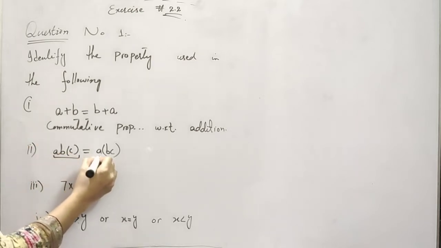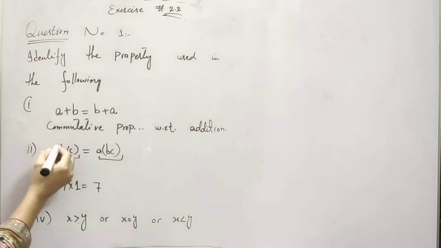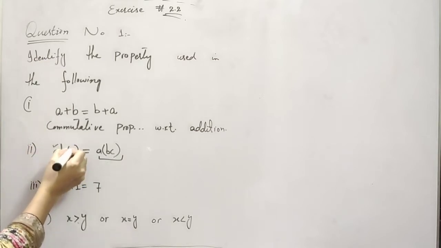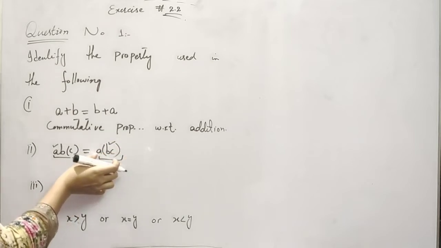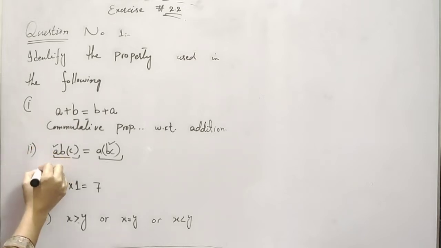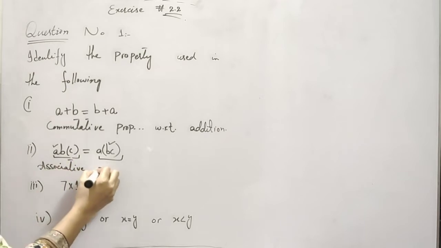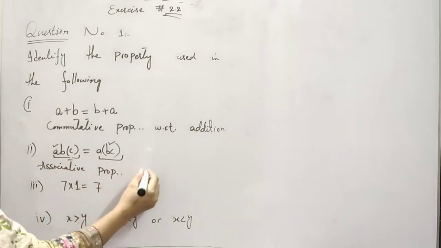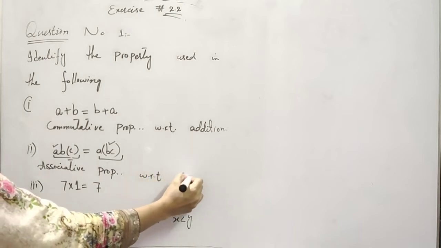Now here we take three numbers. If we multiply these numbers, first two numbers, then the third, or first multiply second and third number, then the first, the answer will be the same, and this is the associative property with respect to multiplication.